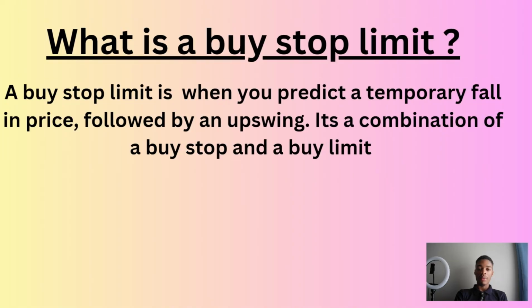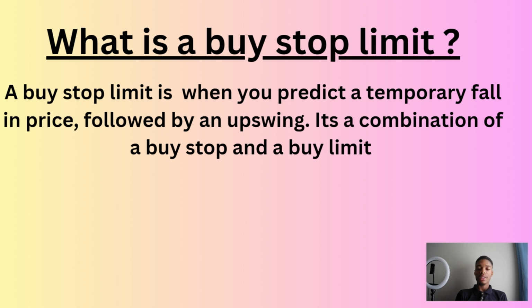Now we're going to touch on what a buy stop limit is. A buy stop limit is when you predict a temporary fall in price followed by an upswing. It's a combination of a buy stop and a buy limit. So essentially, I'm anticipating that price is going to go up, then fall, then continue up.